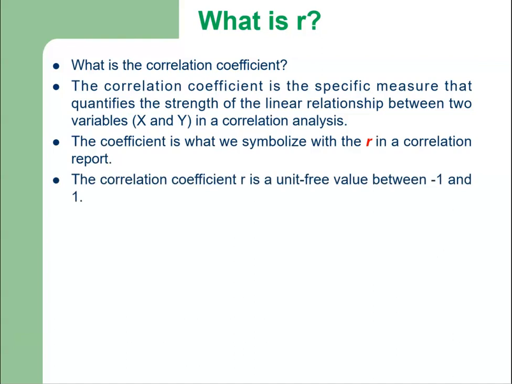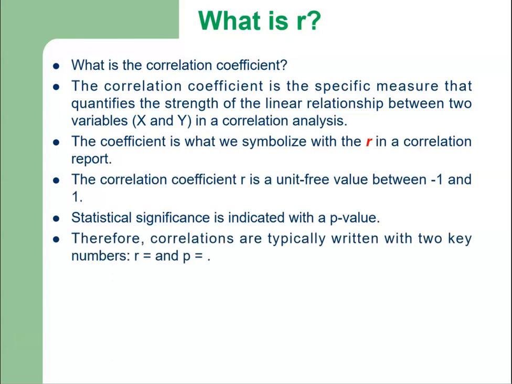The correlation coefficient r is a unit free value that ranges between -1 and +1, and its statistical significance is given by the p-value, or the significance value, or the probability value. Therefore, correlations are typically written with two key numbers, that is correlation coefficient r and the p-value small p.